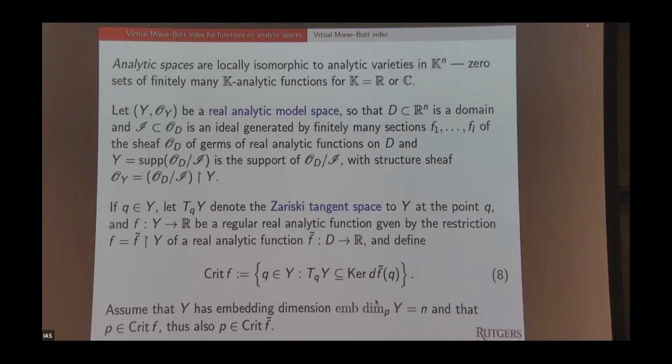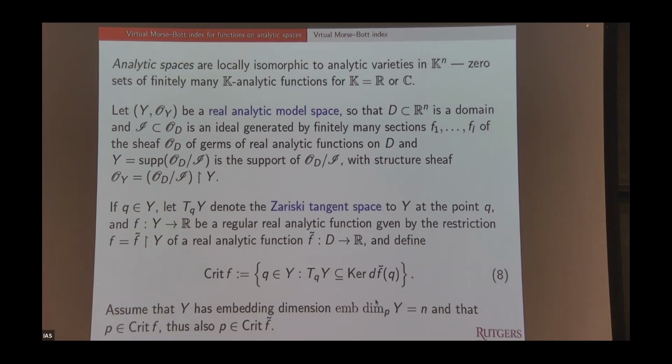So these F's are the finitely many equations that cut out the analytic set Y. And regardless of whether a point is a smooth point or not, any point has a Zariski tangent space. And we assume that we're given a smooth, analytic function F tilde on this domain D that contains this analytic subvariety. And then we restrict this function F tilde to the analytic subvariety Y. And then we define something to be a critical point of F if we have this inclusion: the Zariski tangent space is contained in that kernel.